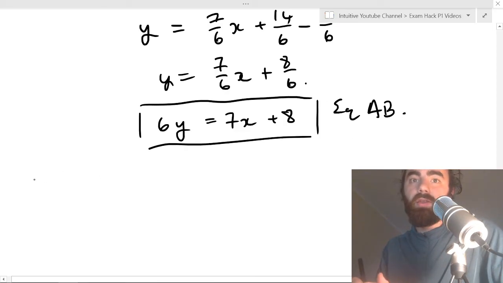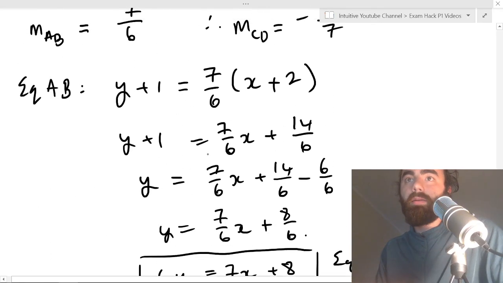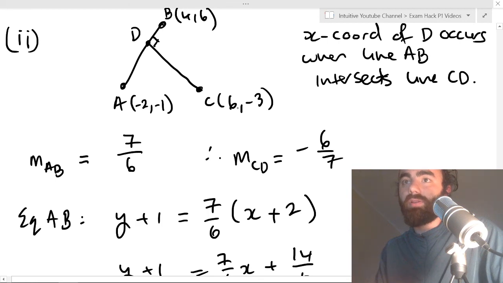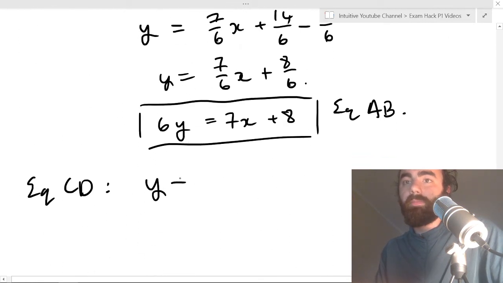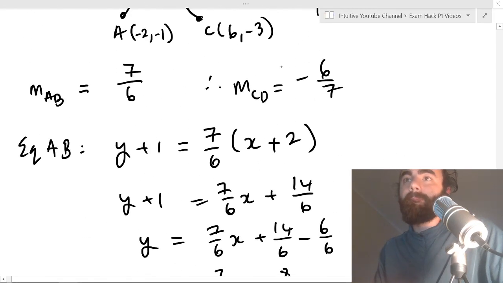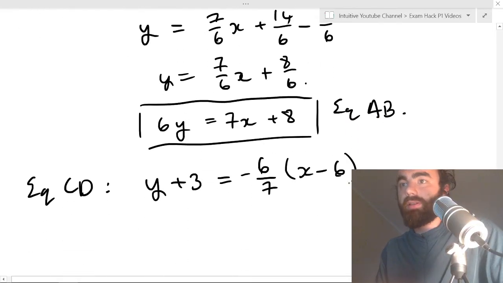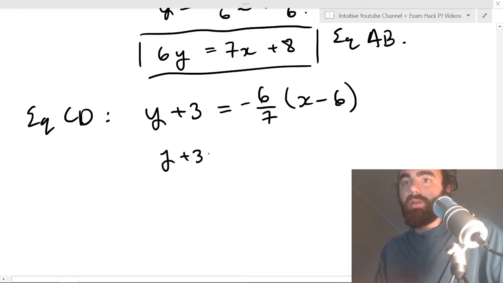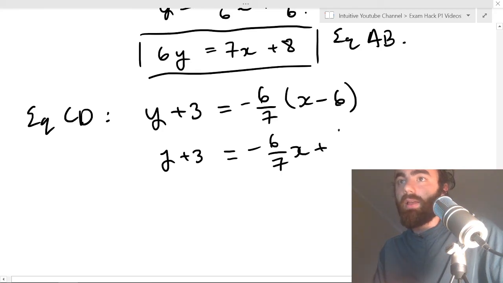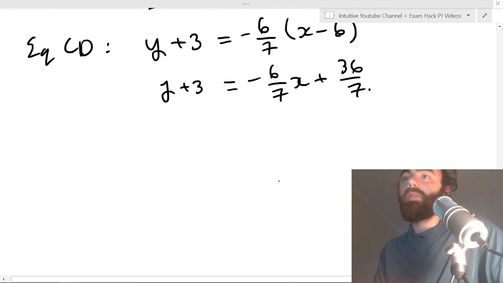And then we can find the equation of CD, which is y minus y1, which is +3, equals, the gradient is -6 over 7, and then x minus 6. So we get y plus 3 equals -6 over 7x plus 36 over 7.